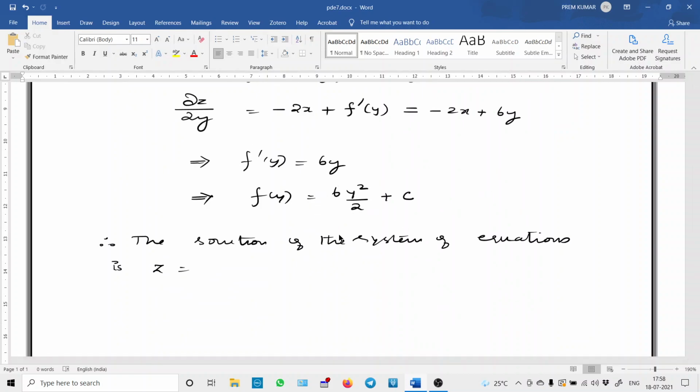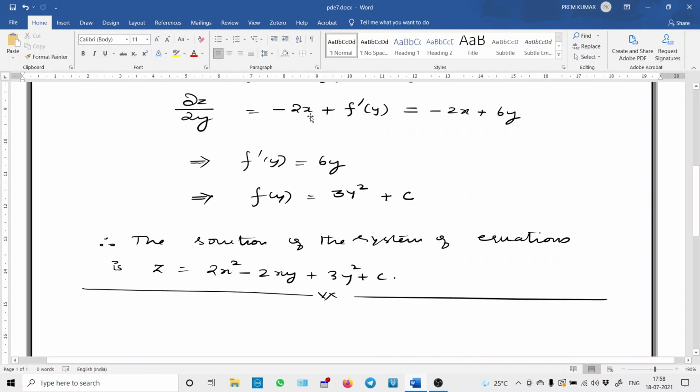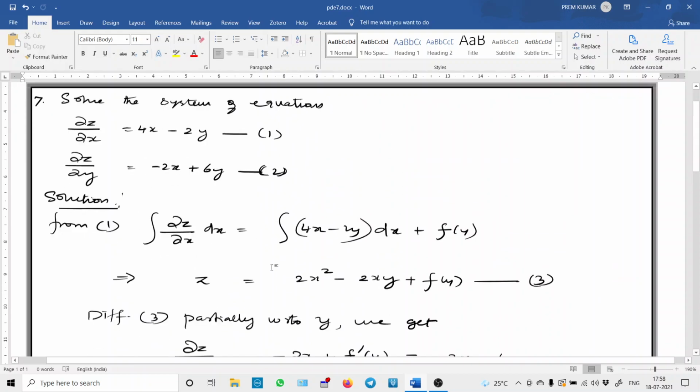So z equals 2x squared minus 2xy, and in place of f of y we put 3y squared plus c. This is the required solution of the system of partial differential equations given by 1 and 2.